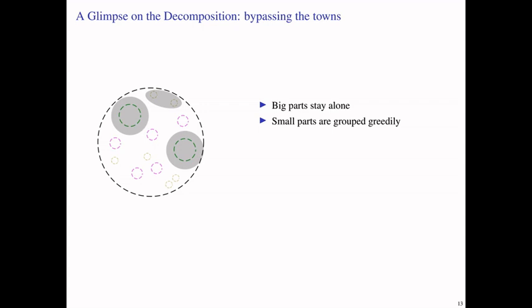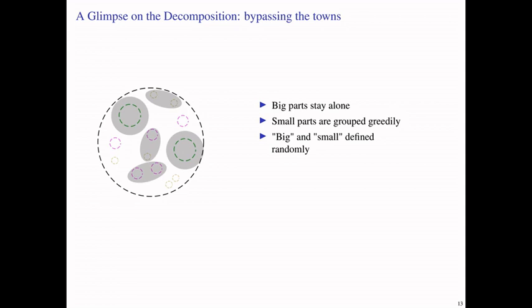So we pick a small part randomly, and we put in the same part all the other small parts that are close enough. So we start that way, then for instance that way, and we keep going on like that.